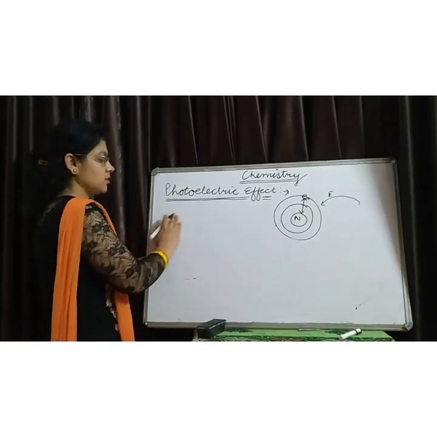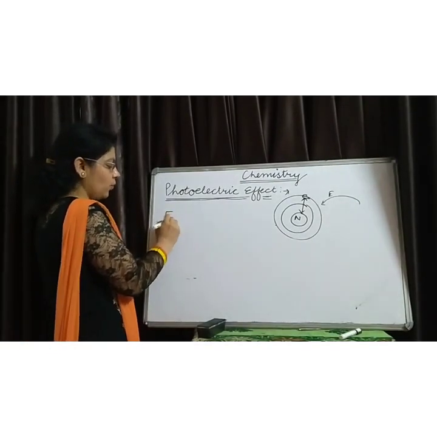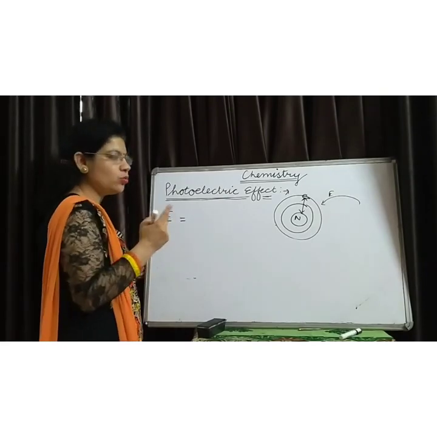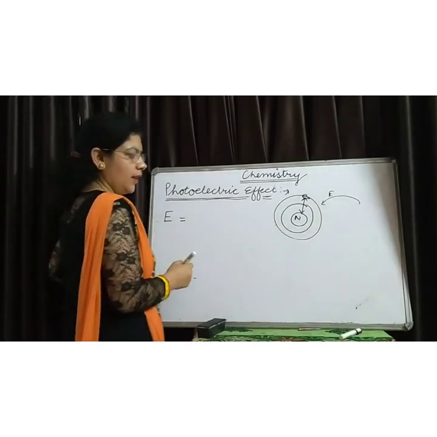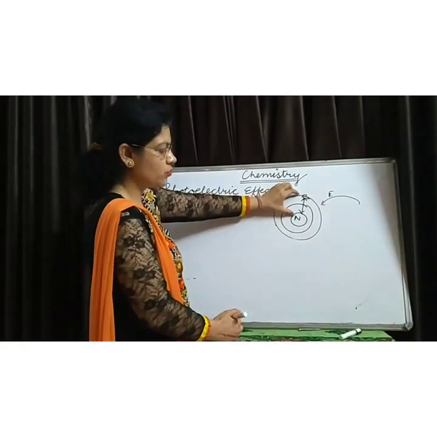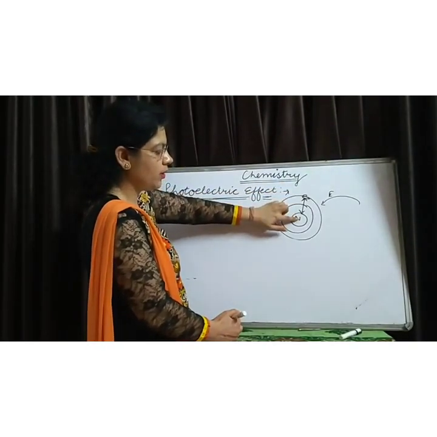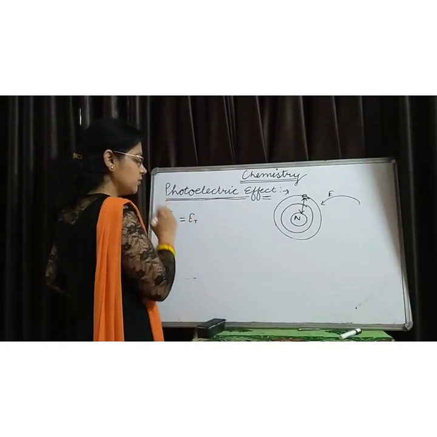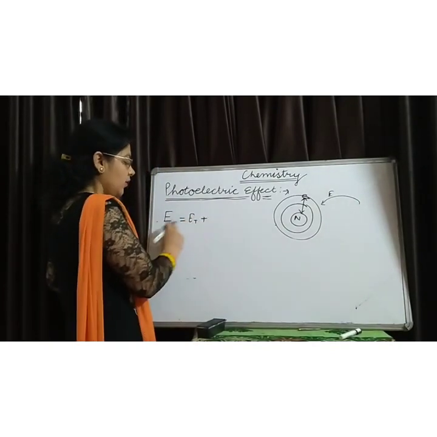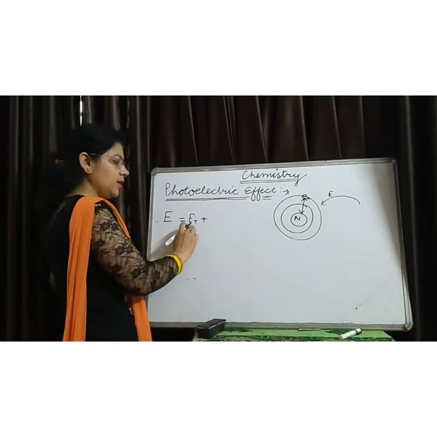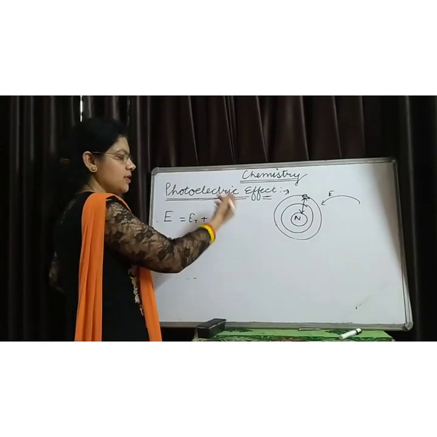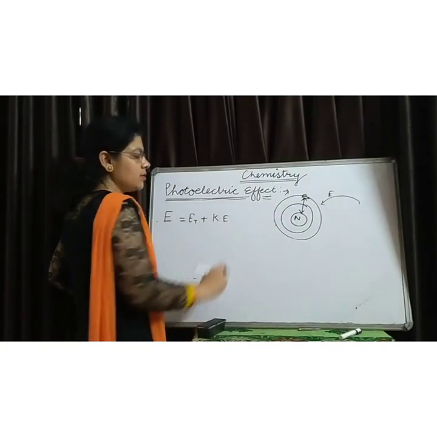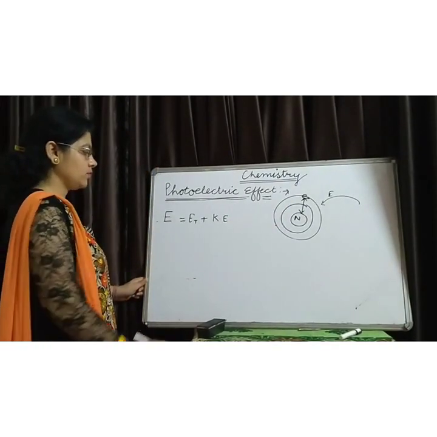It means the total energy which we supply is used in two parts. First, it is used to break the force of attraction between the electron and nucleus, that is the threshold energy. Then, if this energy is greater than the threshold energy, the extra energy converts into the kinetic energy of the electron.